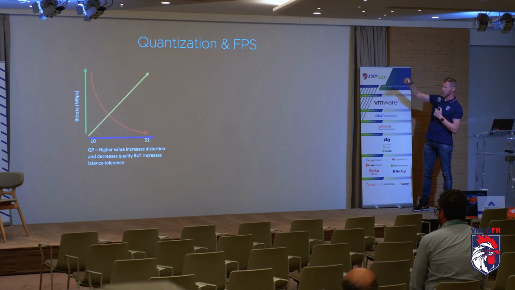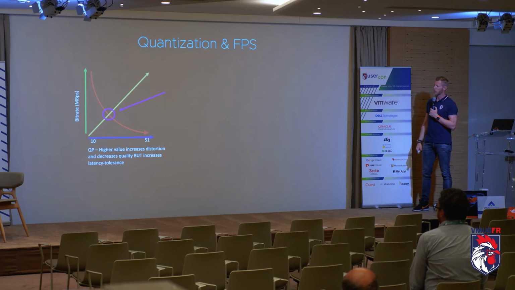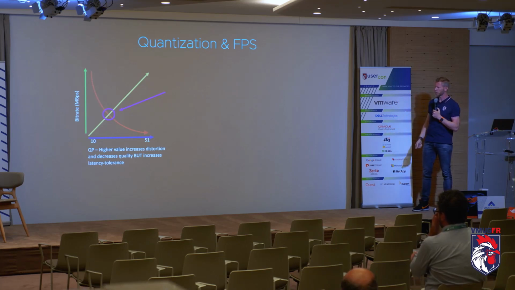And if you scale down the quality, you basically get a lower bit rate, which improves the overall frame rate. And I'll show that in a demo. You basically, with adjusting the whole quantization parameters, get a sweet spot that's ideal for the situation.